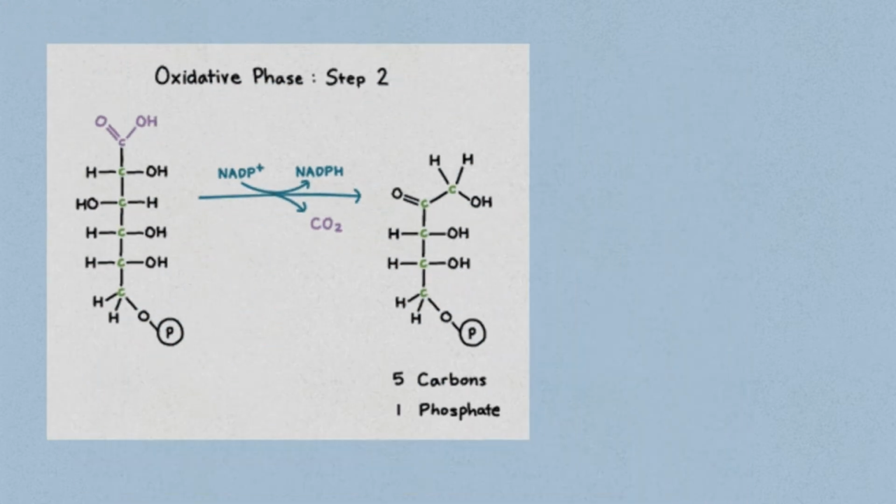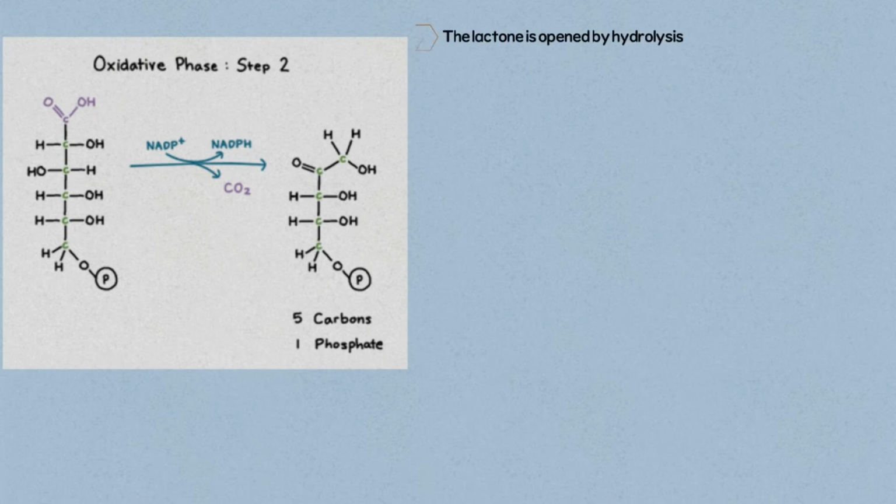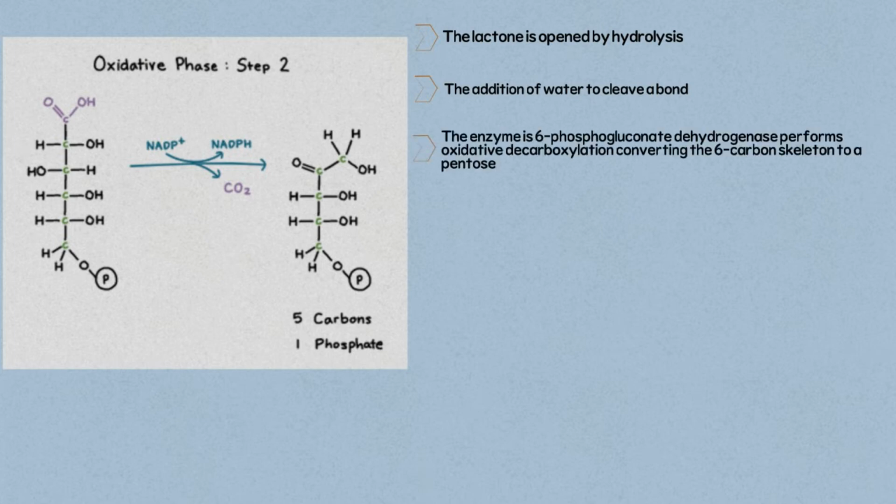The next step is hydrolysis of 6-phosphogluconate and decarboxylation. Hydrolysis happens for a lactone, where the addition of water cleaves a bond since the lactone is intramolecular. The enzyme 6-phosphogluconate dehydrogenase is used to perform oxidative decarboxylation, converting the 6-carbon skeleton to a pentose.